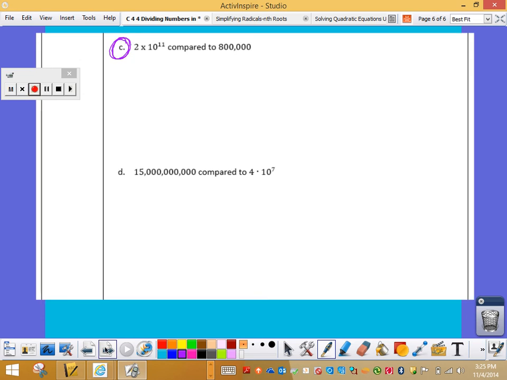So in C, you will get a decimal. And if you'd like, you could multiply it out. Your answer should be that many times greater. So now you know what you're working towards. Or you could leave this as 2.5 times 10 to the 6th times greater.